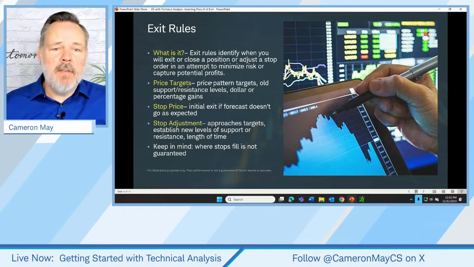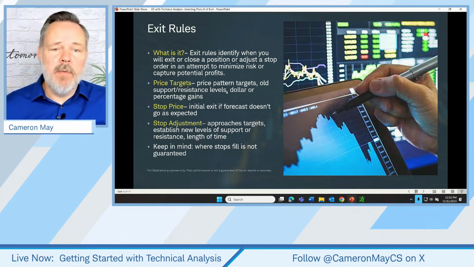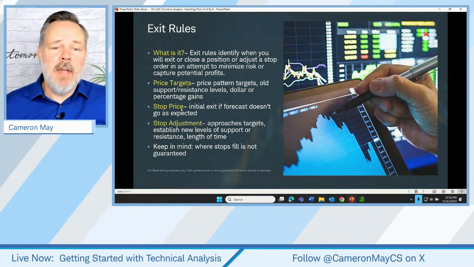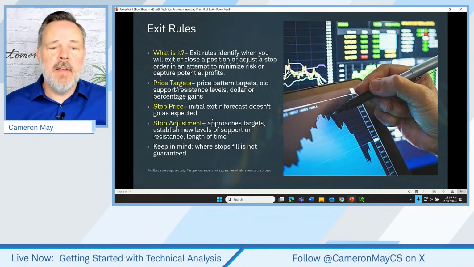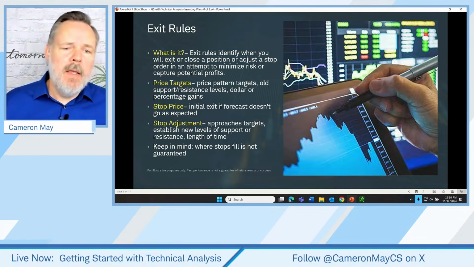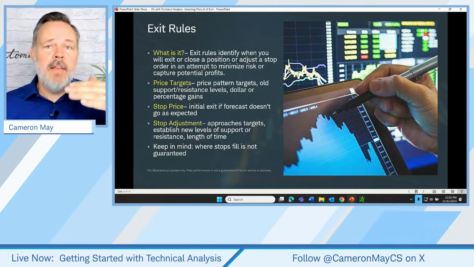So price targets can be price pattern targets. They can be old support and resistance levels, or they can just be dollar or percentage gains. Stops can be triggered by the initial exit if the forecast doesn't go as expected. Stop adjustments are made as the price approaches a target.